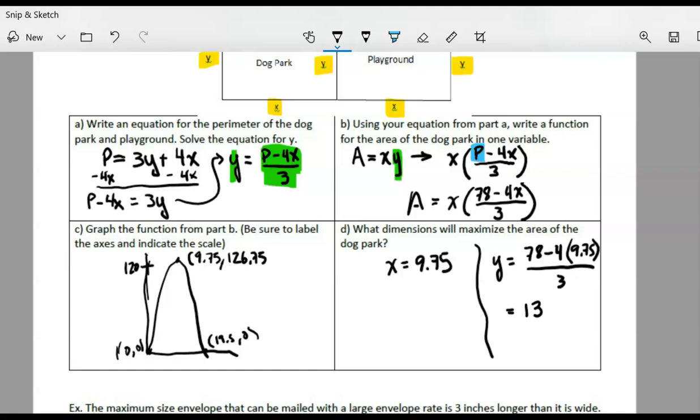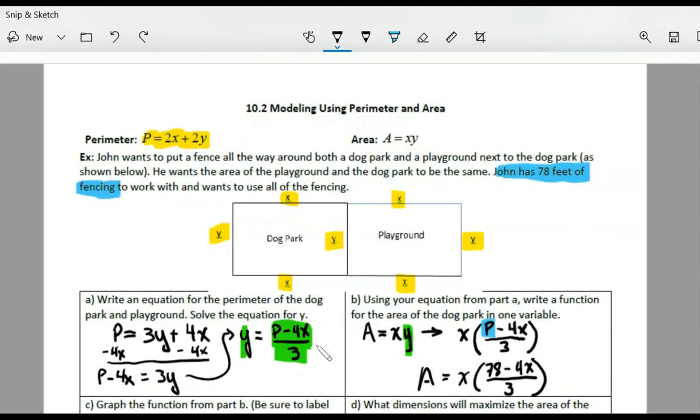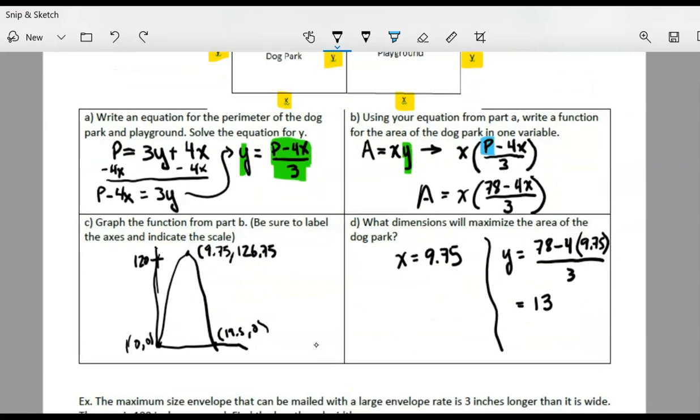And just to double check, all of these are feet. So y equals 13 feet, x equals 9.75 feet, and we can say that the maximum area is 126.75 feet squared.